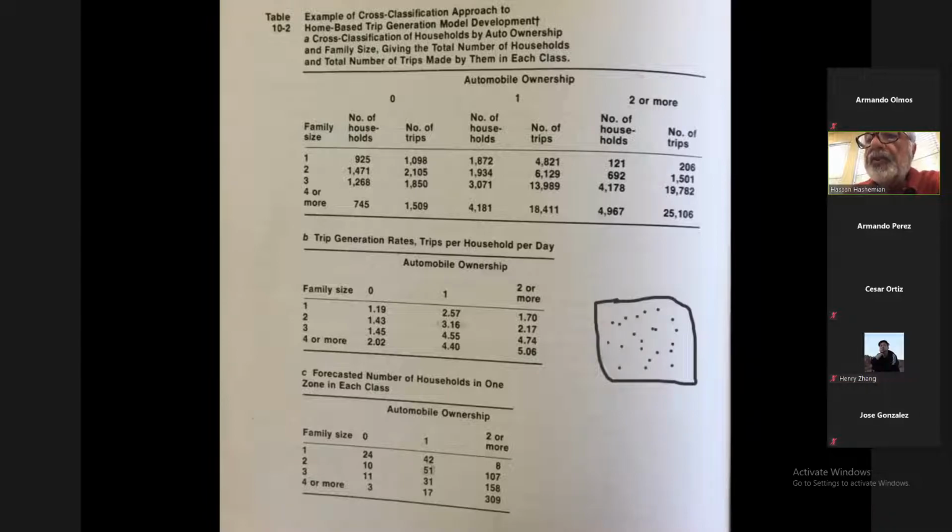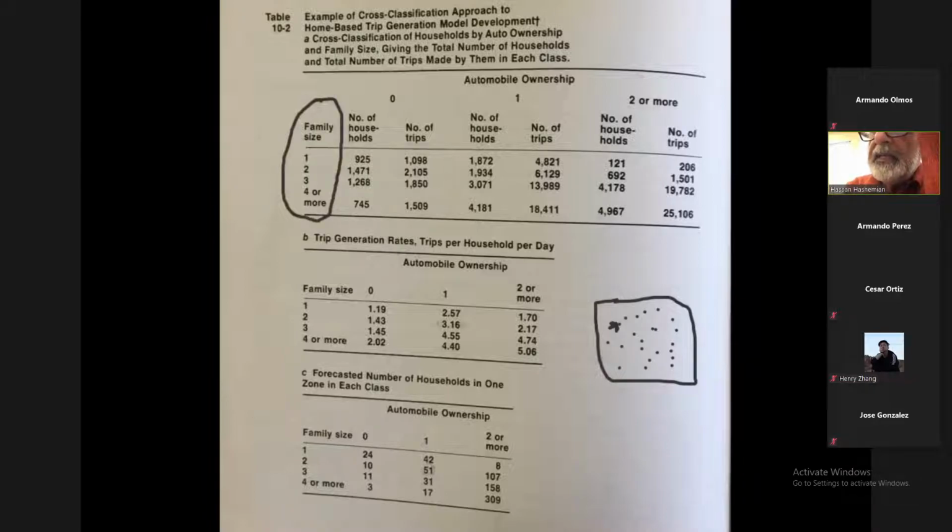So we did a survey of those homes. We went and knocked. I showed you how we collect the data. One of them was home interview, as we talked about before. So we went and asked each of these houses, for instance, how many people live in that house? So that will be our family size here.